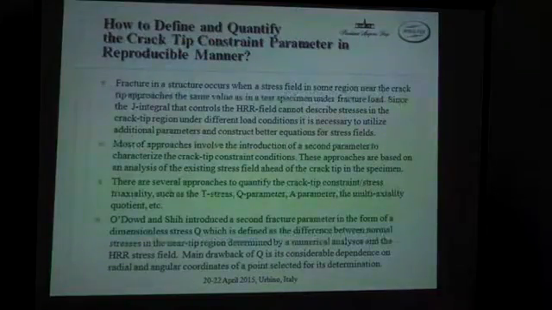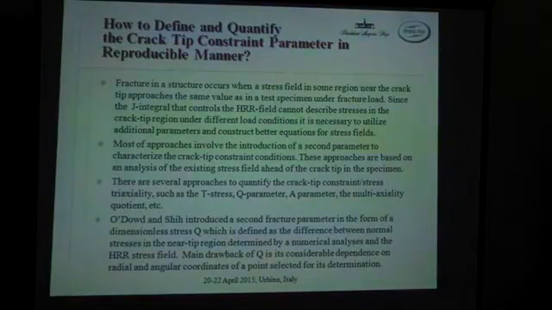So there are two possible ways to solve this problem. First way is to create some model which will reflect the stress situation ahead of the crack tip in the specimen and the real engineered component damaged by a crack. And the second option is to create a specimen with the same stress field ahead of the crack tip as in the engineered structure.